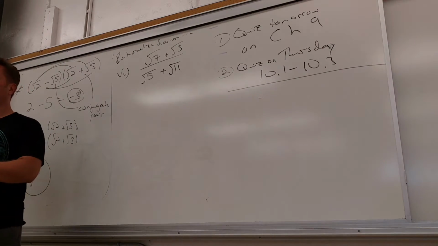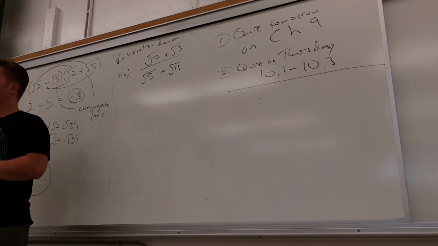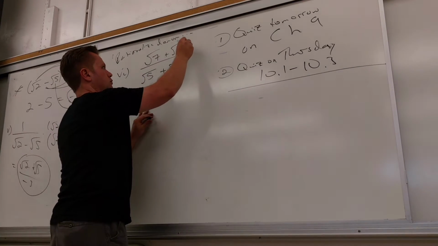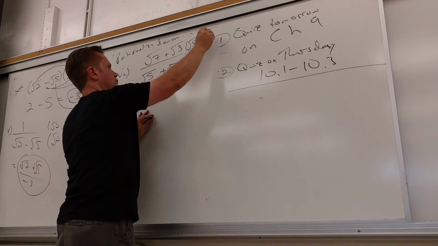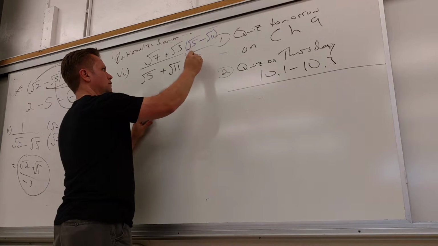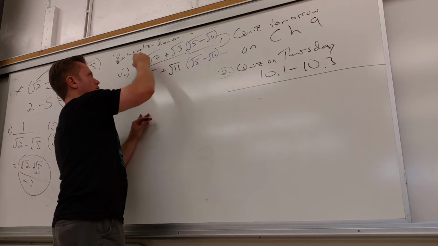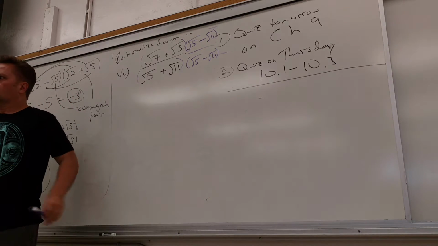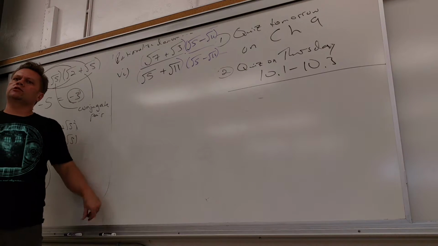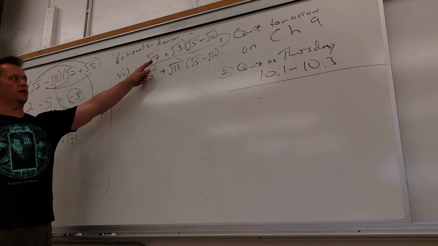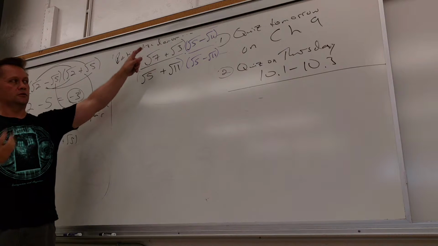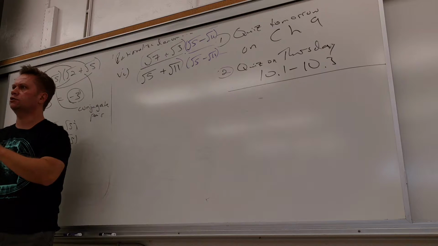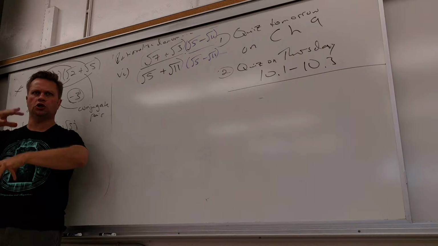So what are you going to multiply by? Its conjugate, the conjugate, 11. So you're going to multiply by square root of 5 minus square root of 11. If I had said rationalize the numerator, you would have multiplied by square root of 7 minus square root of 3. Yeah, exactly. So you just do the conjugate of whichever one you're looking at.